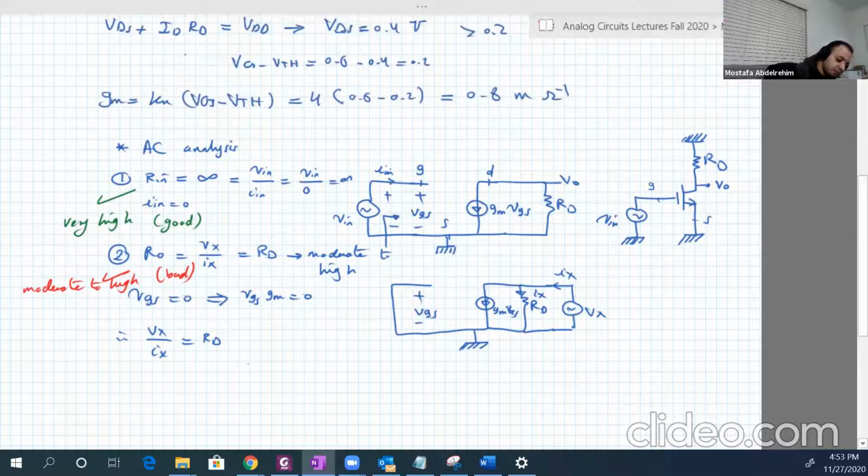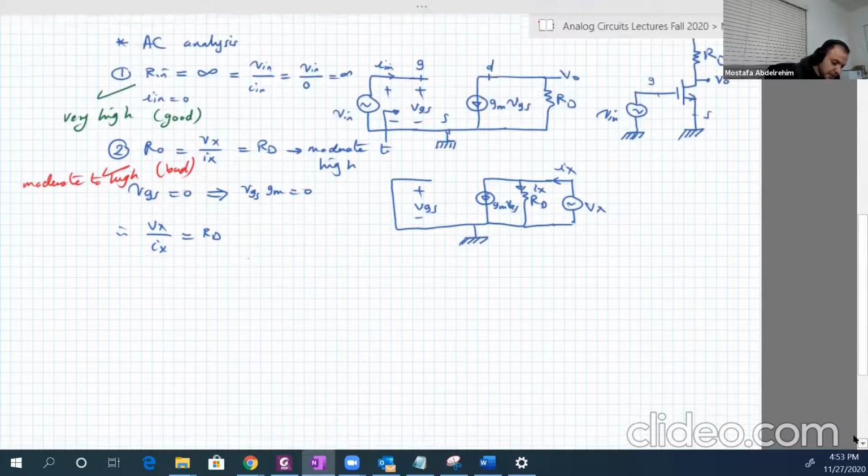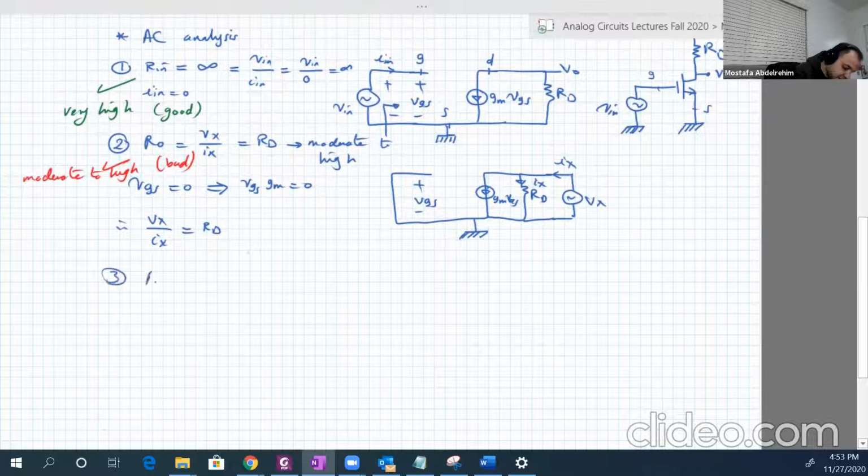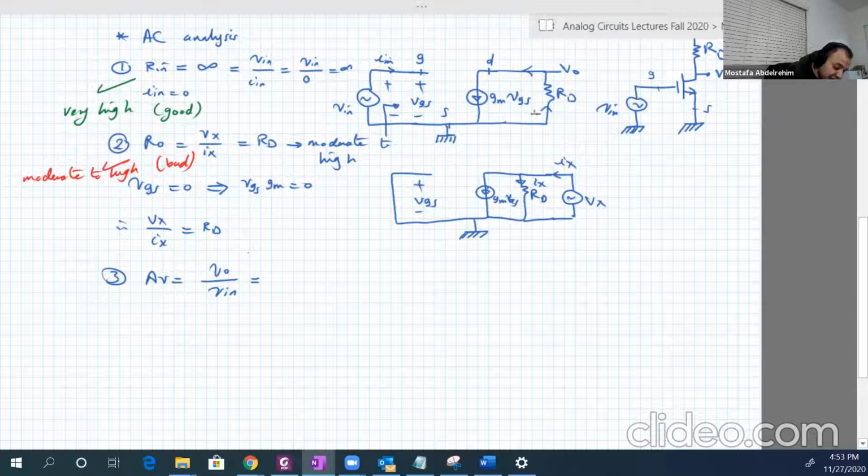Number 3 is the AV. AV is just equal to VO over V input. If we look here, the current that flows in RD is just gm VGS, but this will make a voltage drop, positive at the ground and negative at VO.